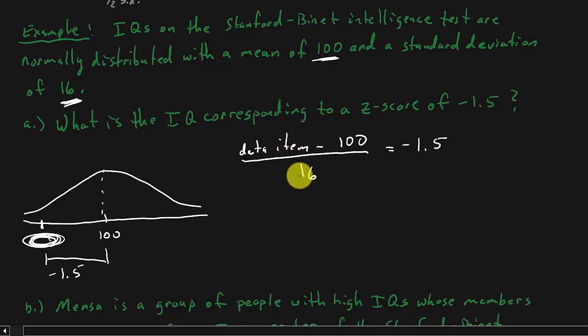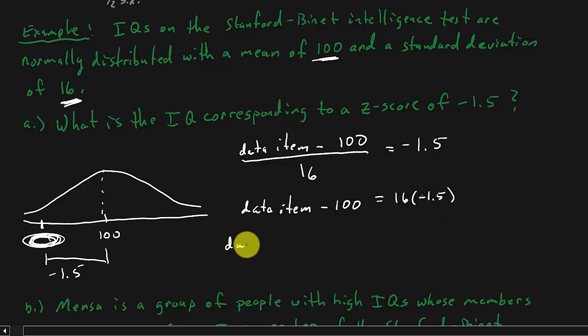And now we solve. So we're going to multiply 16 to both sides. So that's going to be the data item minus the 100, equals 16 times negative 1.5. And then I'm going to add 100 to both sides.